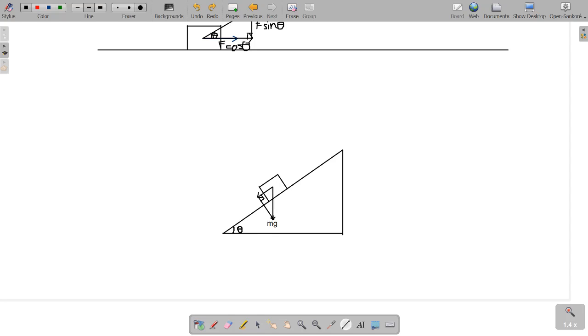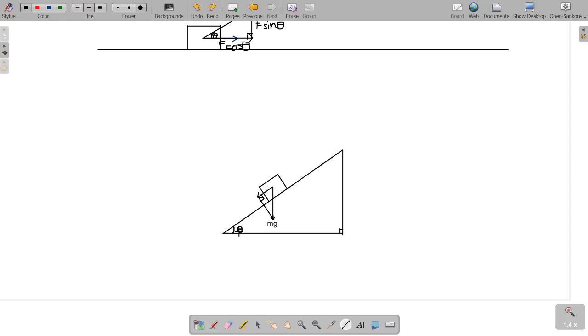Actually, this is not really similar triangles, but because this is parallel to this, and this is parallel to this, this angle, 90 degrees minus theta, will be the same as this angle, 90 degrees minus theta.